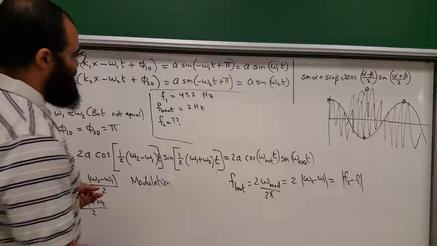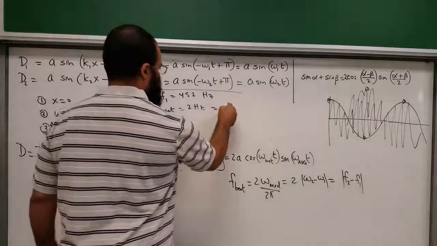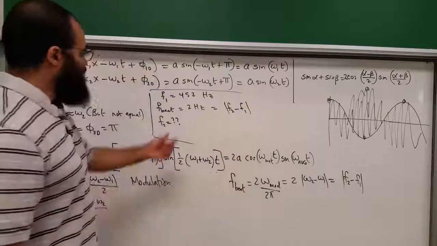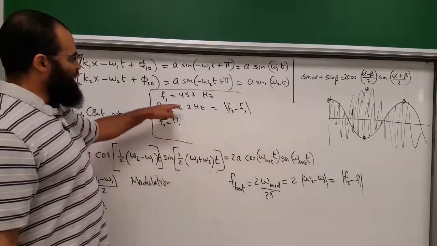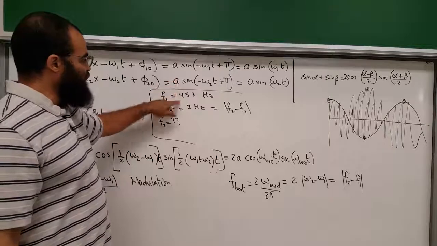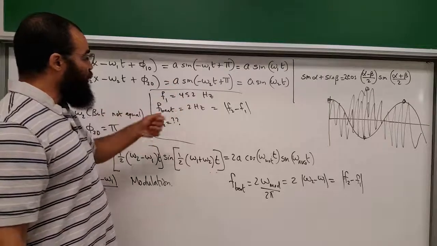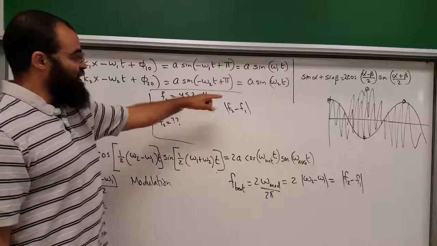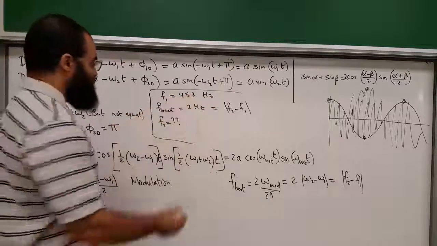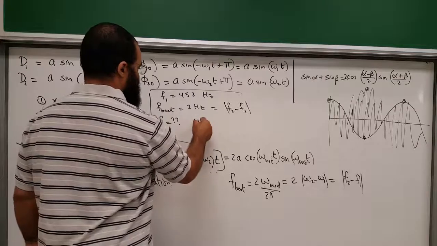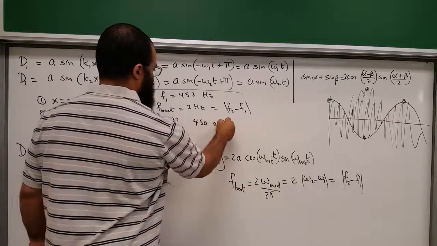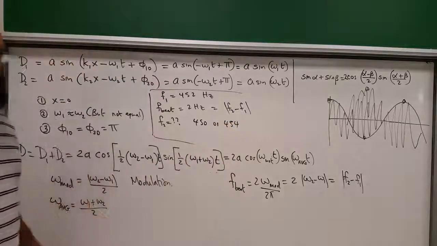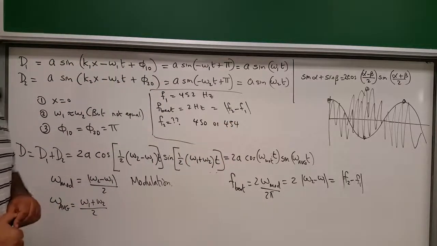Well, I know that the beat frequency is f2 minus f1 in absolute value. So the difference between them is 2 hertz. So f2 could be 454 because 454 minus 452 is 2. Or it's 450 because 450 minus 452 is negative 2, but with absolute values, that's also 2. So f2 ends up being either 450 or 454. Both of them can give you a beat frequency of 2 hertz. So that's an example there.